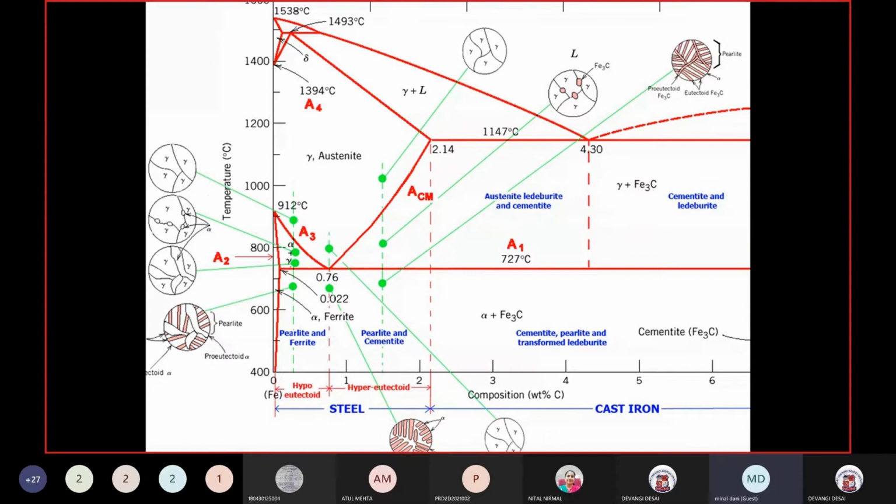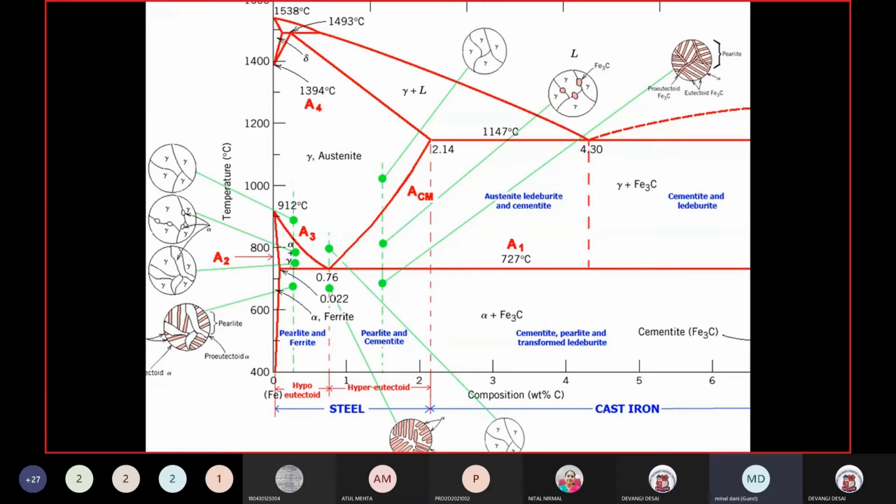So ferrite is your soft phase, and you can say that it is a solid solution of carbon in alpha iron, in which the maximum solubility of carbon at 727 degrees Celsius is 0.022, and at room temperature the solubility is 0.008. That is your definition of ferrite.